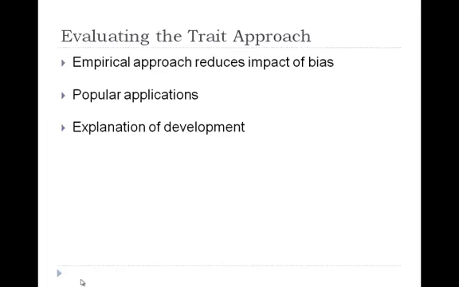In terms of drawbacks, the lack of an explanation of personality development is a bit of a problem for some people. In some ways, it's like, well, it sure would be nice if this theory said why people got the way they were. But in other ways, you might see this as a plus as well, because it just kind of establishes a framework for looking at personality and says, okay, now for each different type of personality, how you get that way might be different, and now you have freedom.